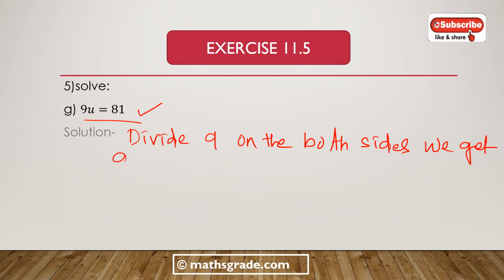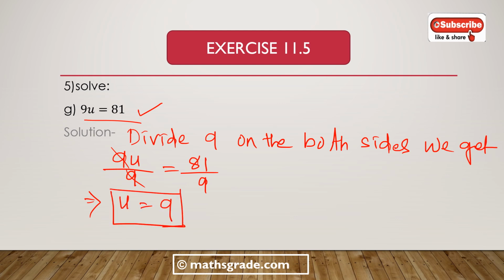We get 9u divided by 9 equal to 81 divided by 9. This implies 9 and 9 will be cancelled. u equal to 9. And u equal to 9 is the solution of the given equation.